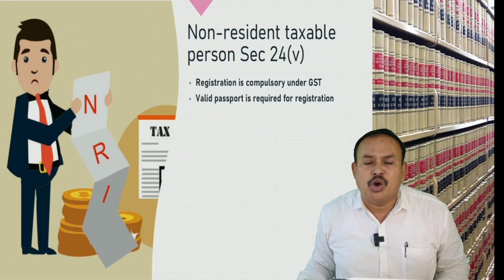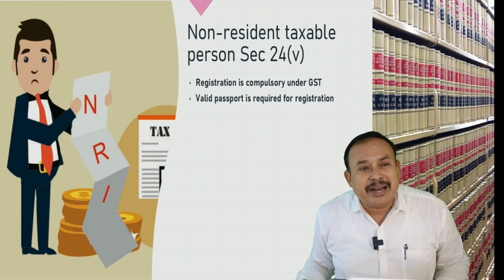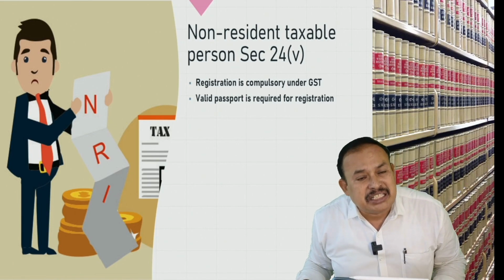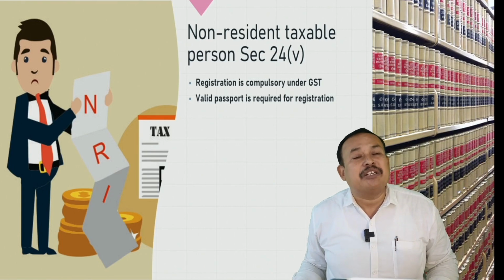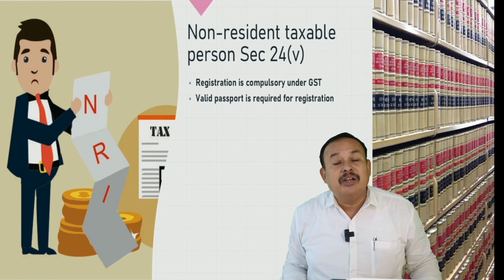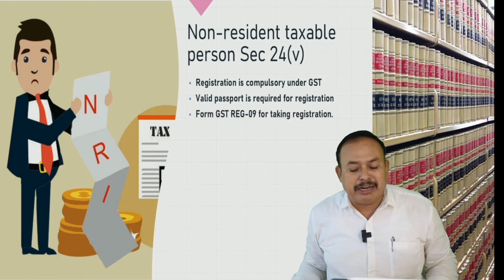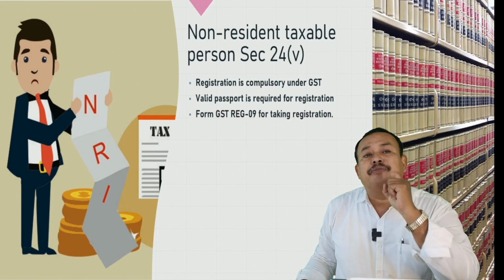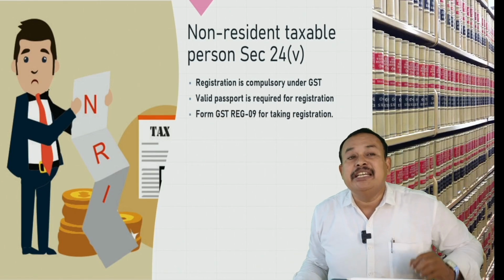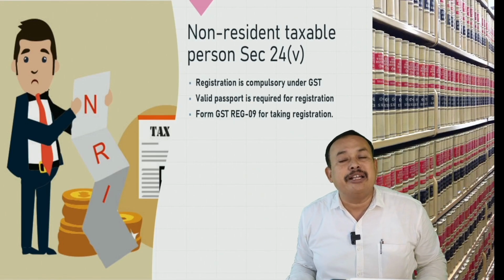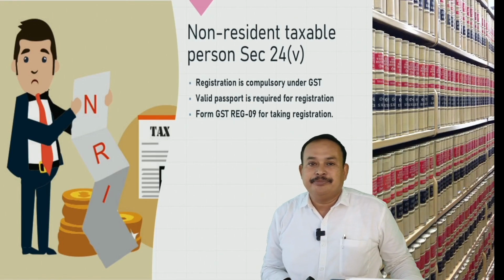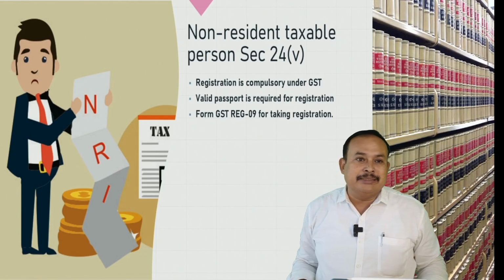And for him also, registration at least 5 days before the commencement of business is required here. For him, the application for registration is not Form GST REG-01. Here, for him, it is Form GST REG-09. Understand.